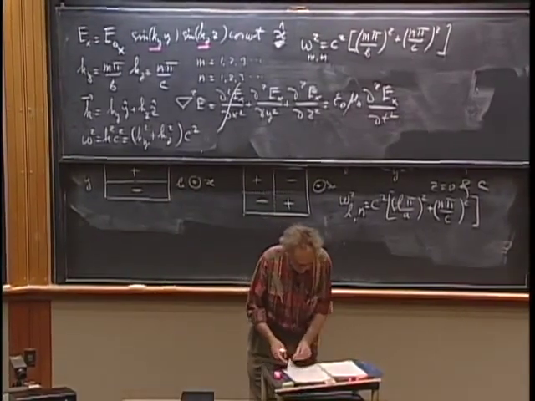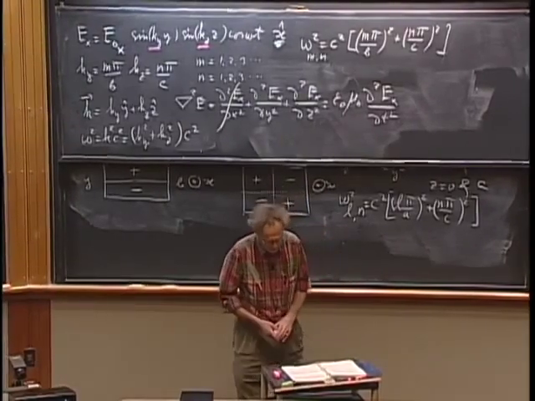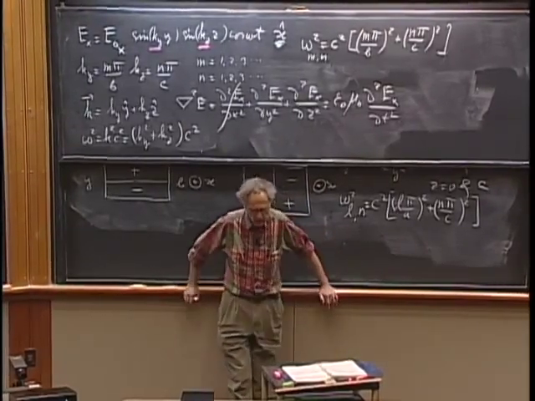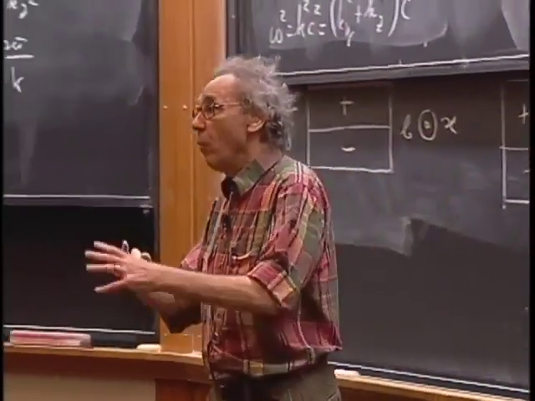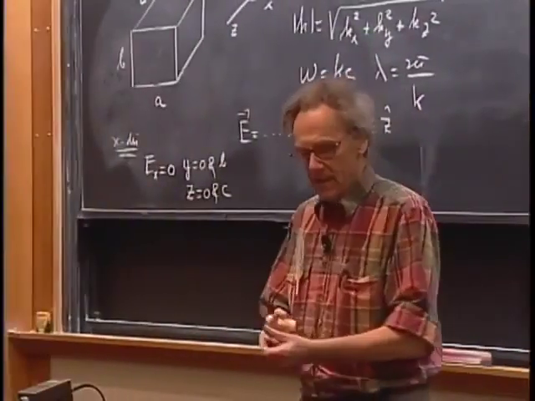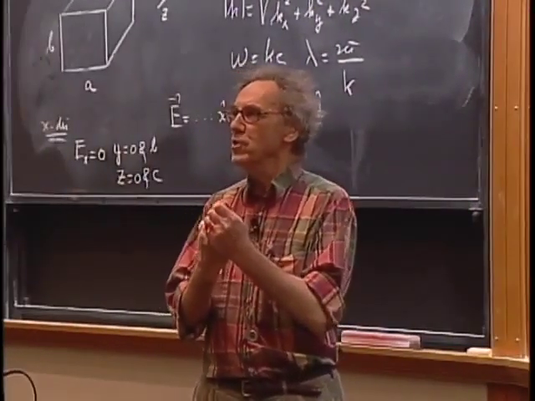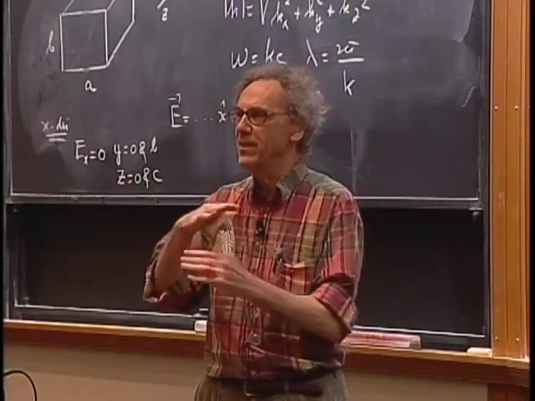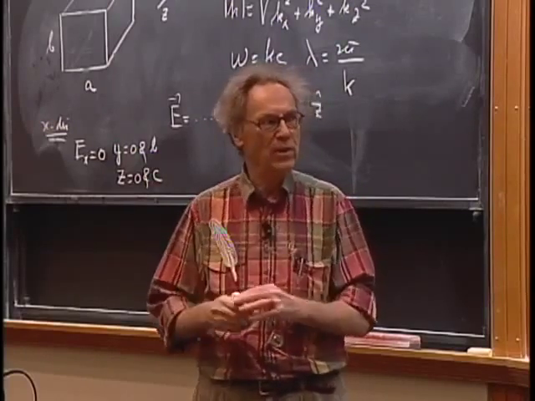However, any linear combination of those would be fine, but of course it is also possible that I have an E vector which has a component x, y, and z, and that simultaneously all boundary conditions are met, so I don't just radiate linearly polarized radiation only in the x direction and only in the z direction.